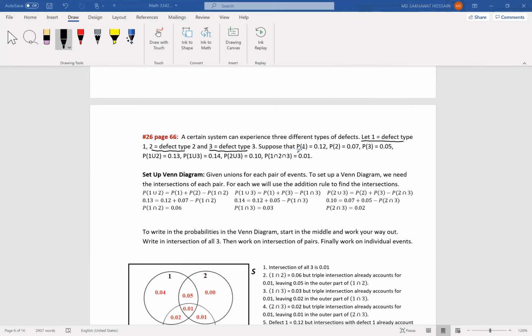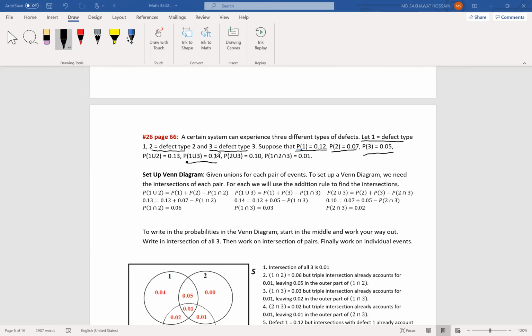And we are given the probability that the system has defect 1 is 0.12, defect 2 is 0.07, and defect 3 is 0.05. We are also given the probability of 1 union 2, which means the system has either defect 1 or defect 2, which is 0.13, and the probability of 1 union 3, which means the system has either defect 1 or 3.